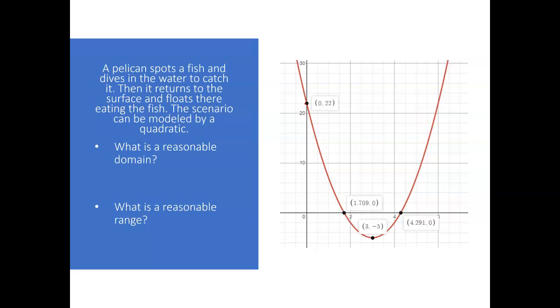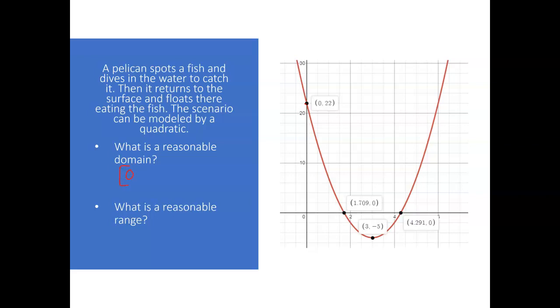Because if our domain is talking about x, and x models time, that pelican is not immortal. It has not lived since the beginning of time, and it's not even the whole pelican's lifespan. We're just looking at this specific scenario. So if we're looking at a reasonable domain with time, what's a good starting point for time? 0. So a reasonable domain is going to start at 0.